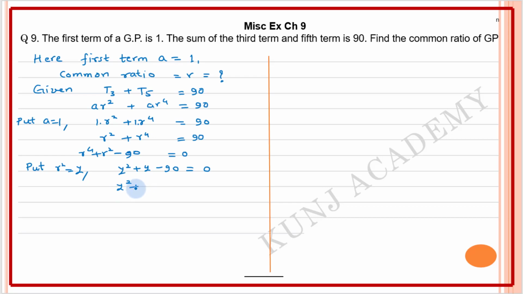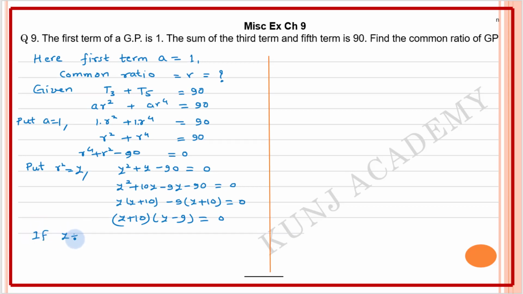Splitting the middle term: y^2 + 10y − 9y − 90 = 0. Taking y common, y(y + 10) − 9(y + 10) = 0. Taking y + 10 common, (y + 10)(y − 9) = 0.